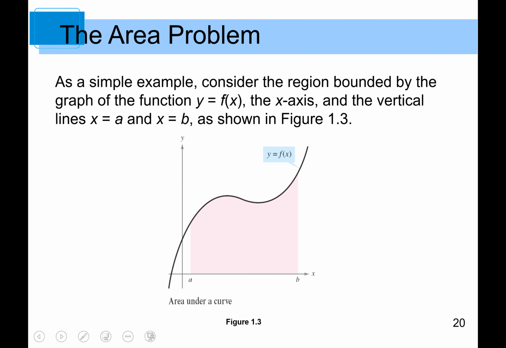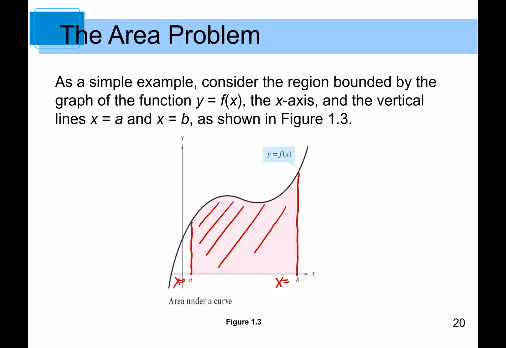Okay, for example, we have a curve that came from y equals f of x. So this is our curve. We want to figure out the region, the area bounded by these two x values, x equals a, x equals b. So we basically want to find the shaded region in pink.